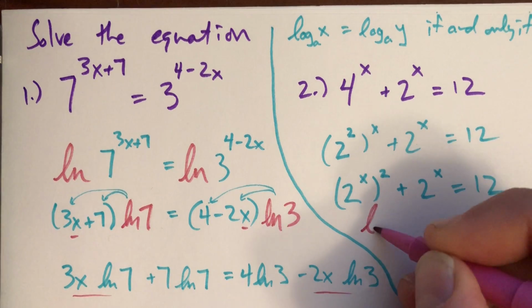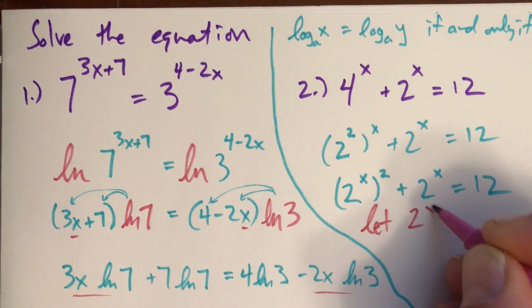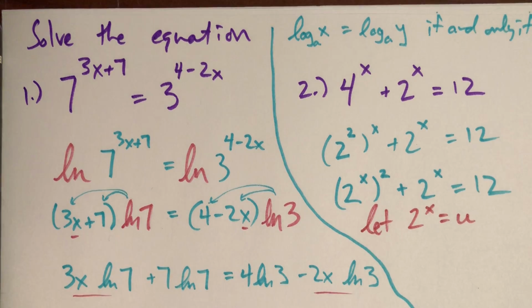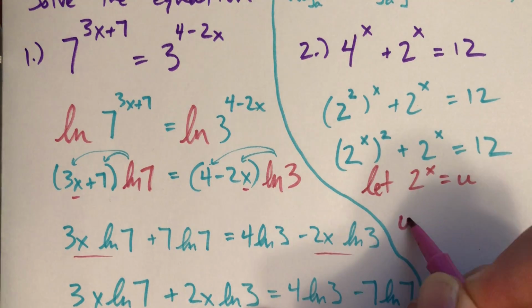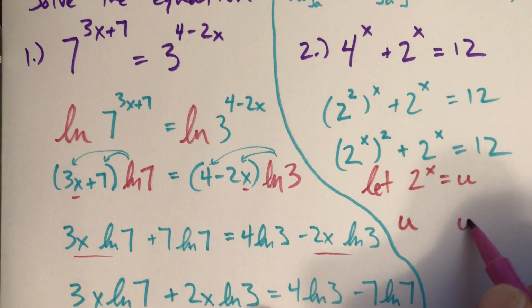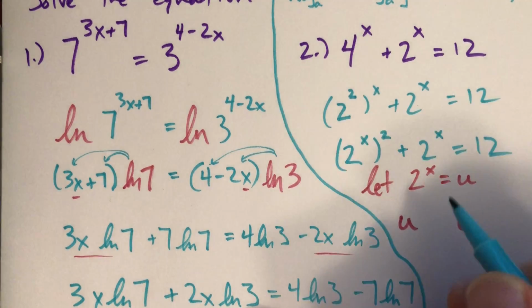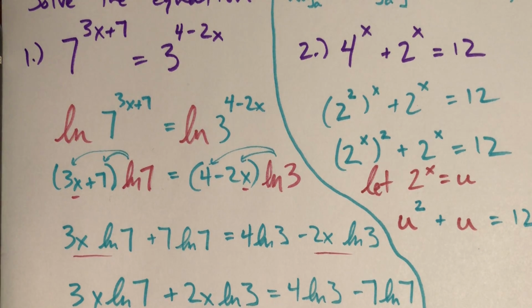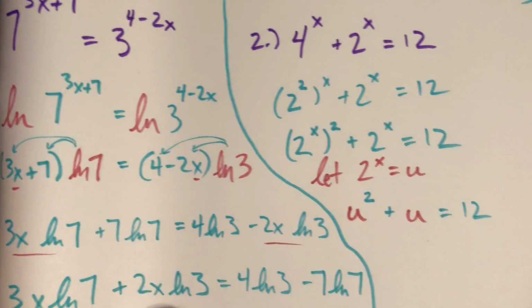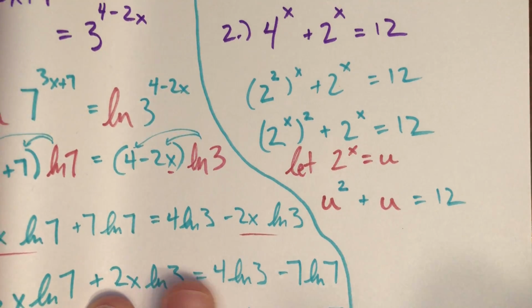Maybe we can even do that substitution game. If we say 2 to the x is equal to u, then we would have u instead of 2 to the x. So we've got u squared plus u equals 12. And now we've got a very clear-cut way to solve this.